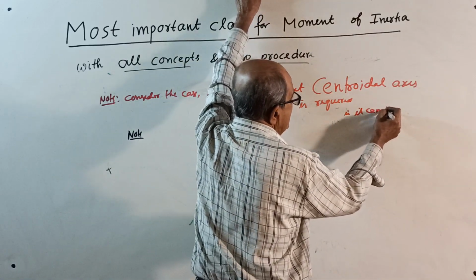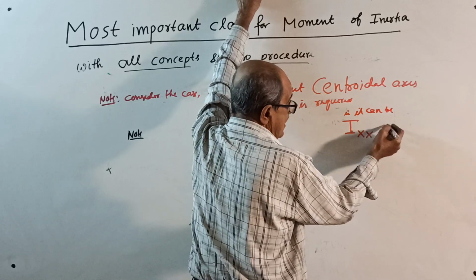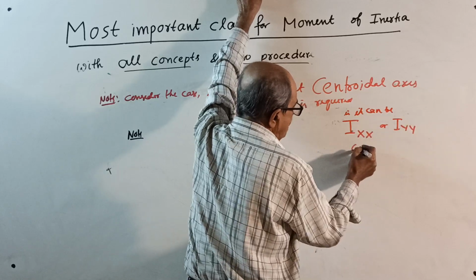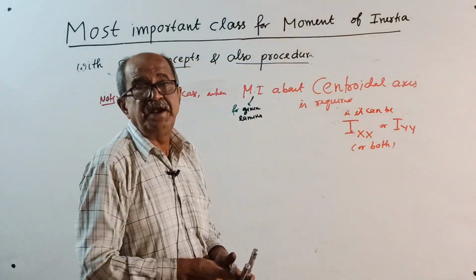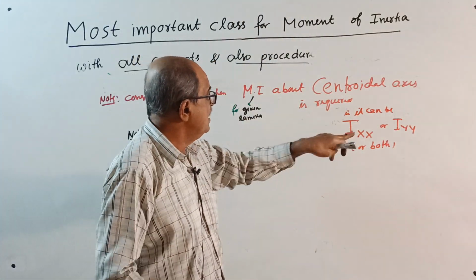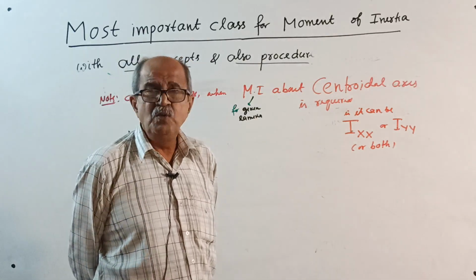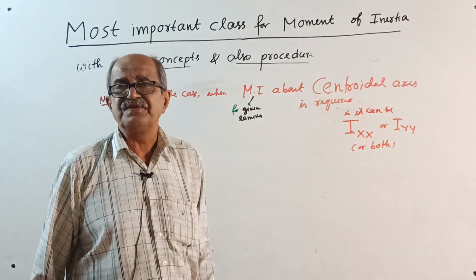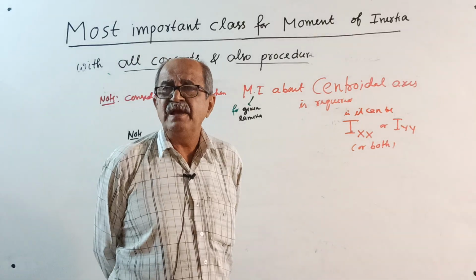It can be I about XX or I about YY or both. Make a note; you should write it. They can ask only IXX, or in structural engineering also, many cases require only IXX, or sometimes only IYY.